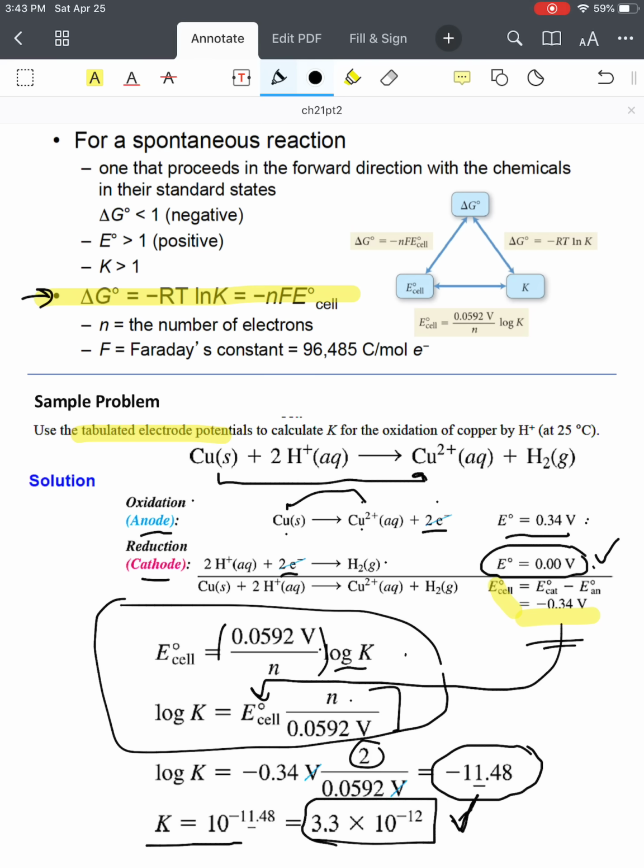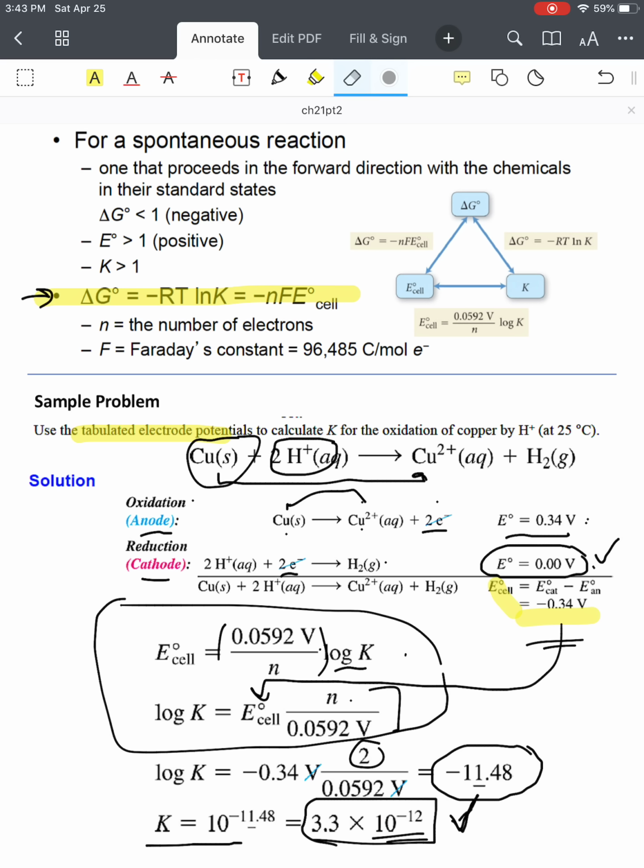And because of that, I can predict that indeed this reaction will not proceed to the right to an appreciable extent at all. Tiny, tiny number. And strong acids such as H+ do not oxidize copper or metals which appear above them on that table of standard reduction potentials. All right, so hopefully that makes a little bit of sense to you, okay?